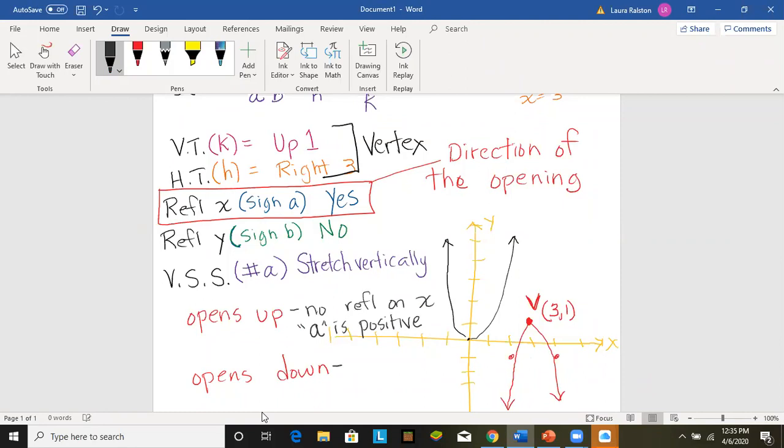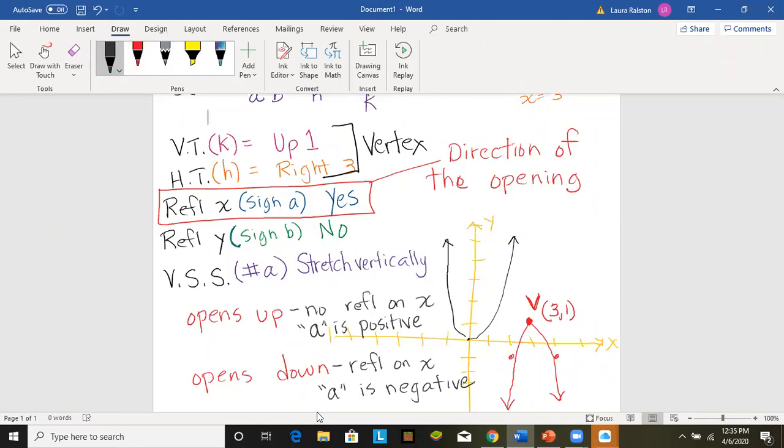It opens down if there is a reflection on X and our A is negative. Okay, so that's how we're going to make the distinction between whether it opens up or opens down, which is the terminology that they tend to use in the text.